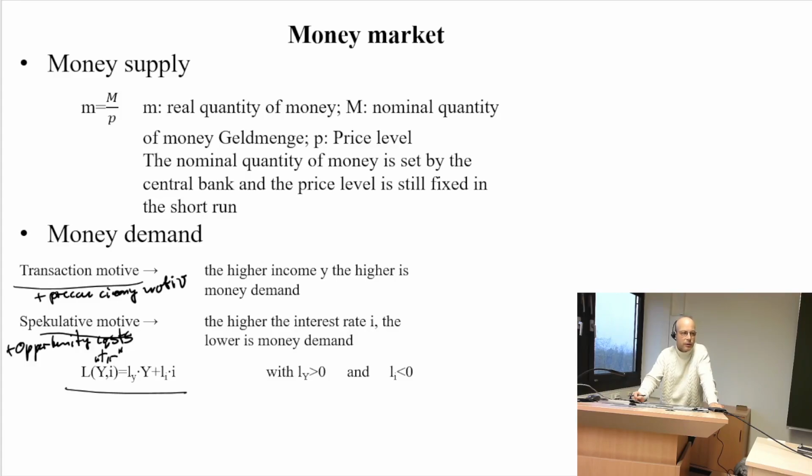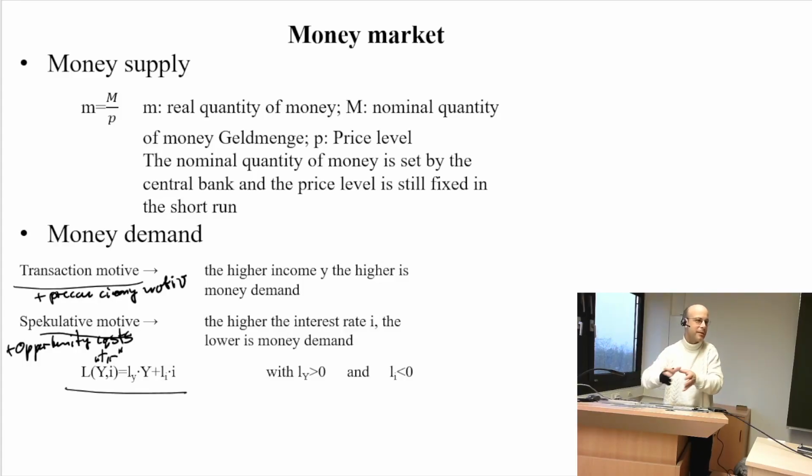And now we also have to model money supply. There we already talked about the central bank, especially about the balance sheet of the central bank, which represents more or less the money base in our economy. So now we suppose that the central bank can set the amount of money.